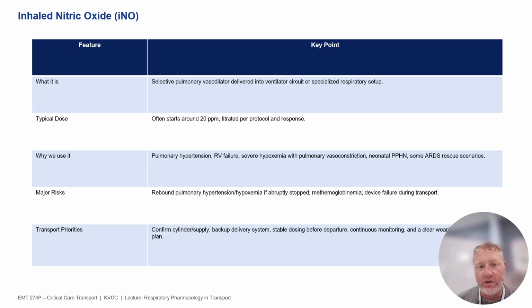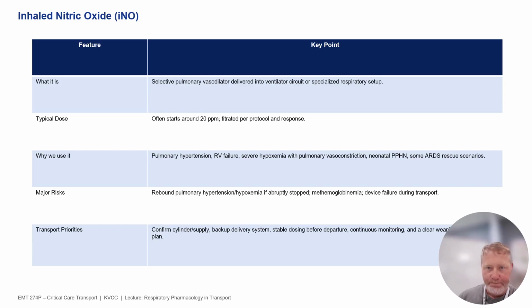The indications for inhaled nitric oxide are neonatal PPHN, or persistent pulmonary hypertension of the newborn, acute RV failure states, but the greatest risk of iNO that's important to understand is the abrupt discontinuation of it.